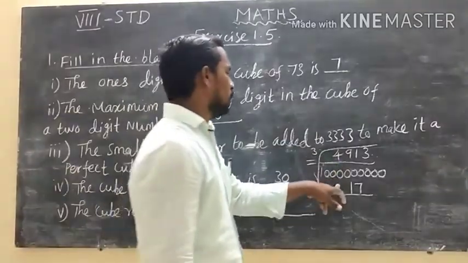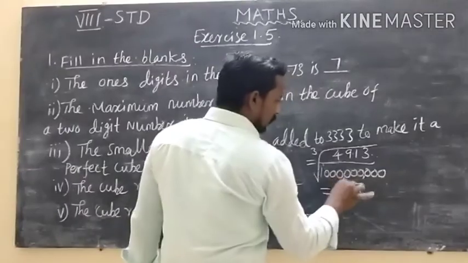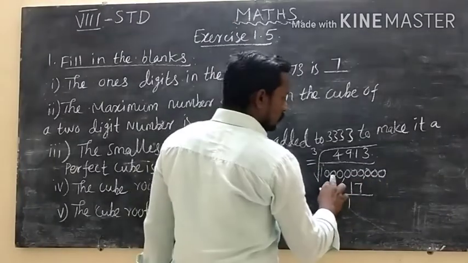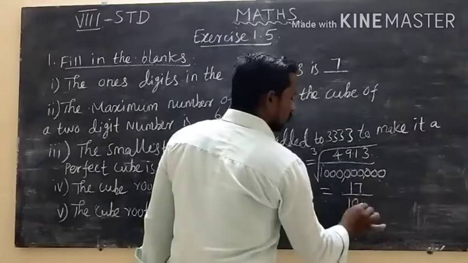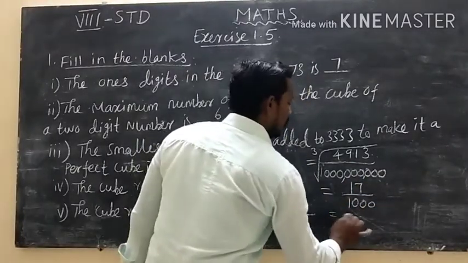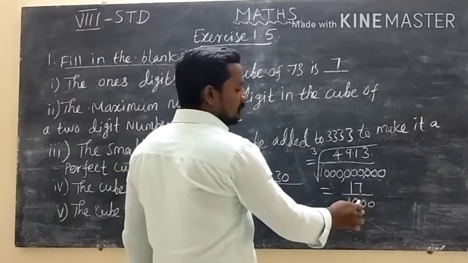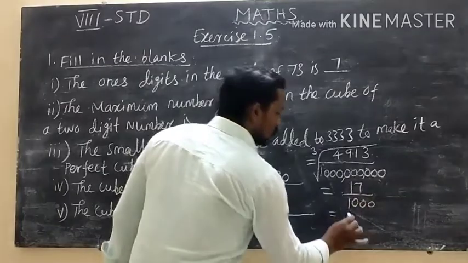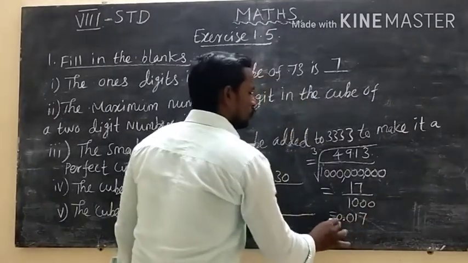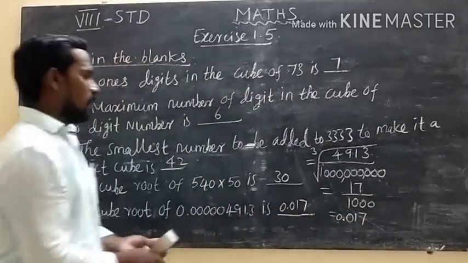The cube root of this is 17 cube, so the cube root is 17. Then 1 cube is 1, and 3 zeros give 10. So the number is divided by 1000, making 3 decimal places. So 0.017 is your answer.